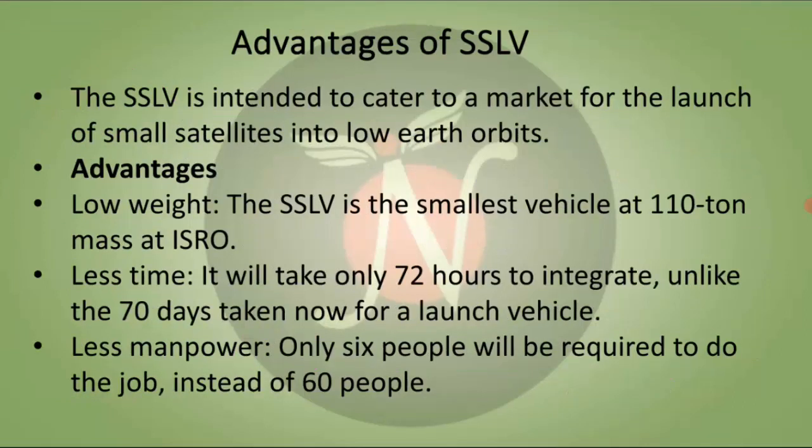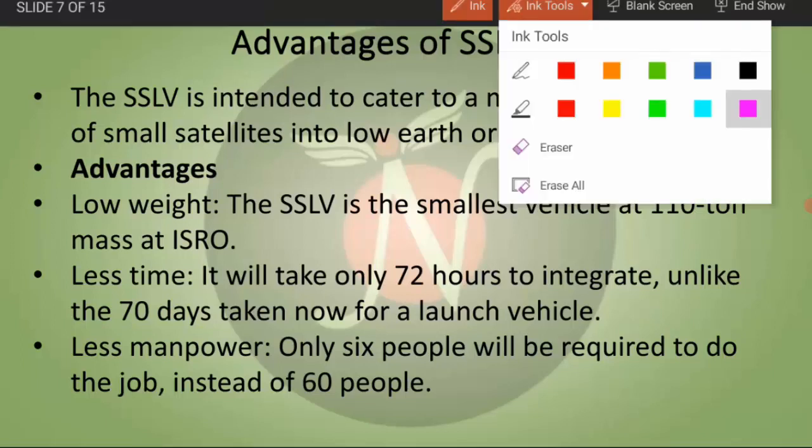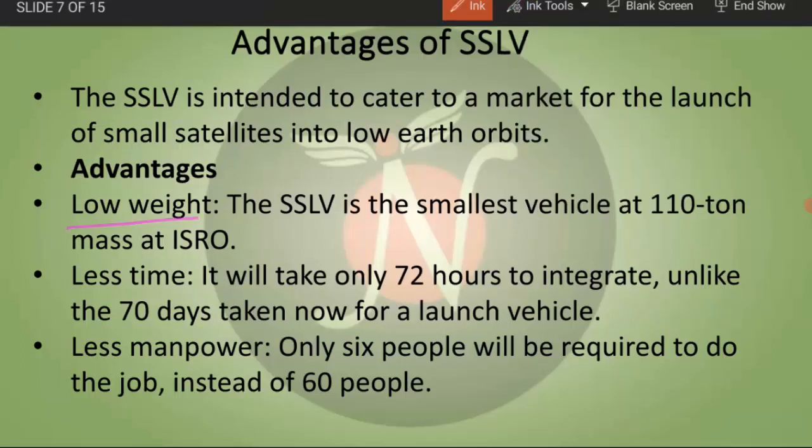Now, what are the advantages of SSLV? The SSLV is intended to cater to a market for launch of small satellites into lower Earth orbits. What are its advantages? First of all, it is of low weight. The SSLV is the smallest vehicle at 110 ton mass at ISRO.